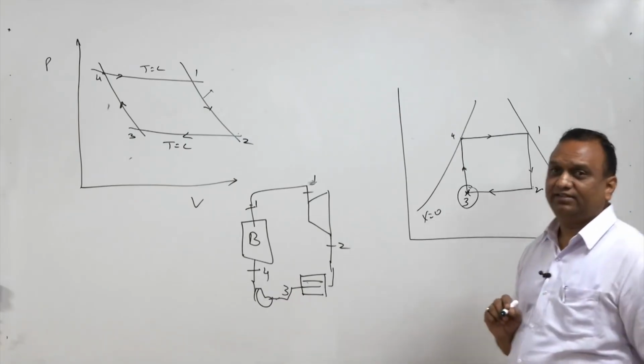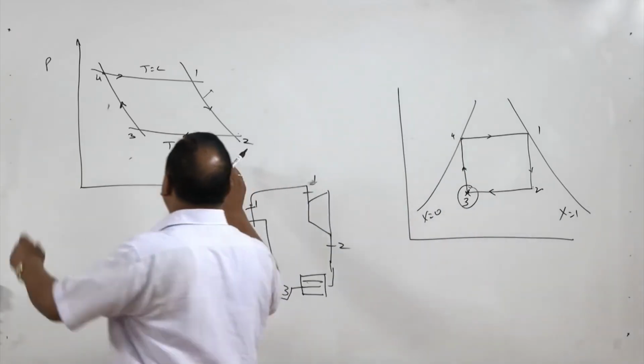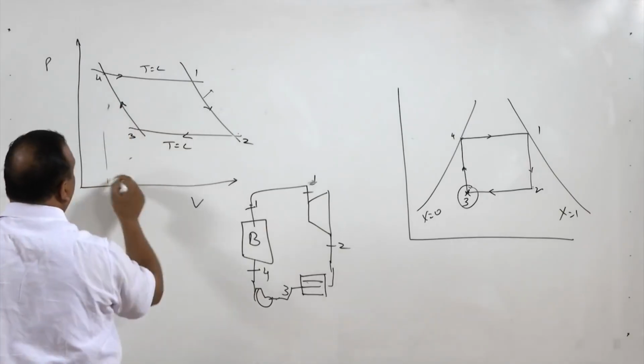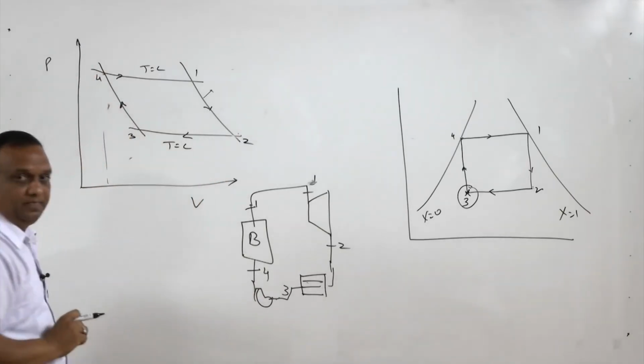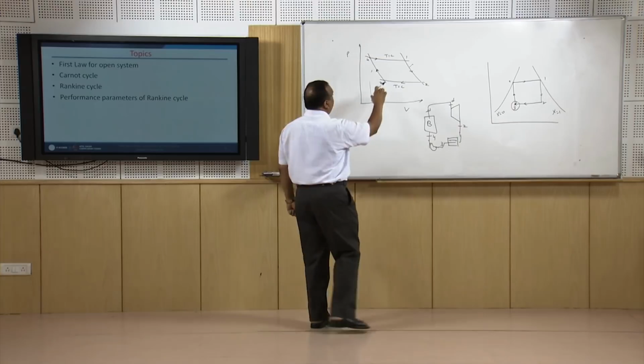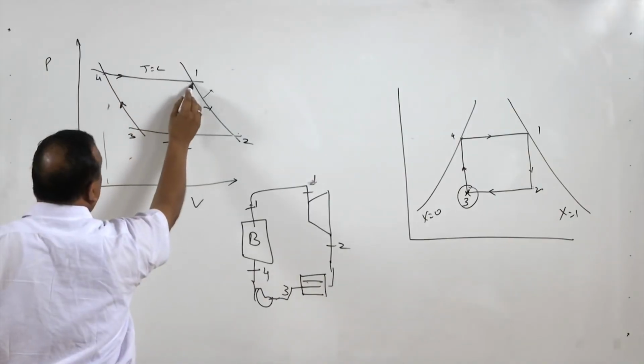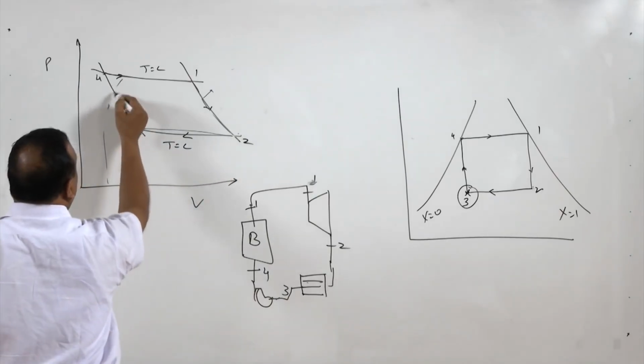The second thing is, if you look at the length of this cycle, the stroke of this cycle is this much, and the area, the work or energy produced in the cycle, is only this much on the PV diagram.